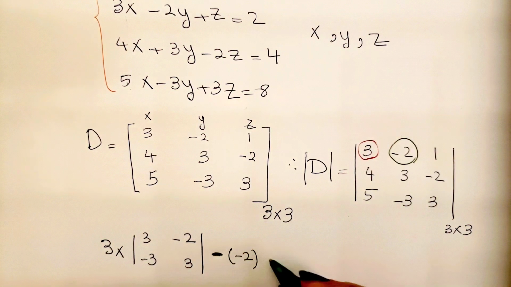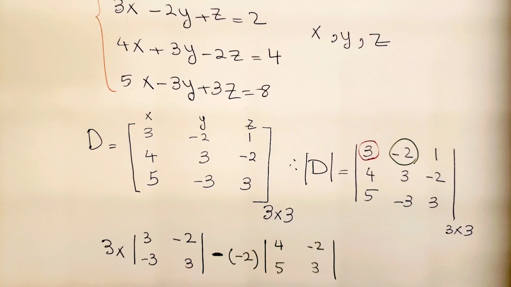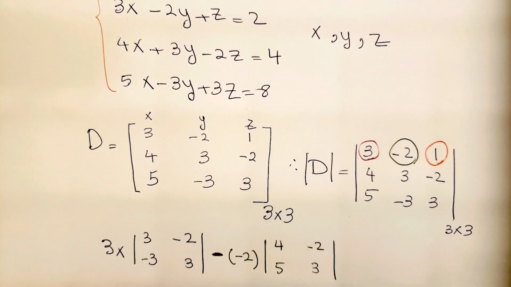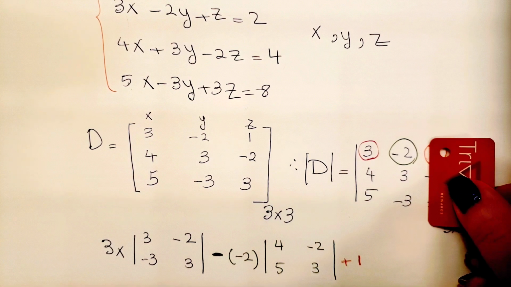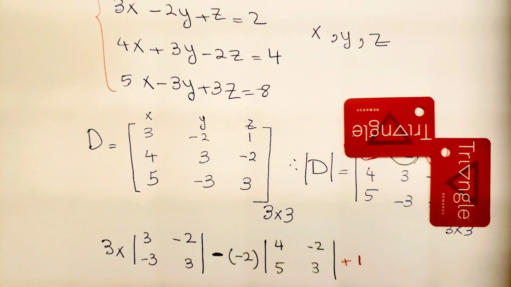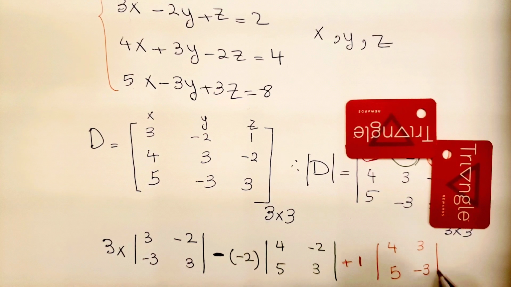Now let's talk about the third main number, which is 1, with a plus sign. Again, if you eliminate its column and row, we are left with 4, 3, 5, -3.